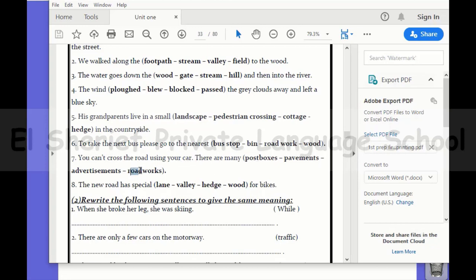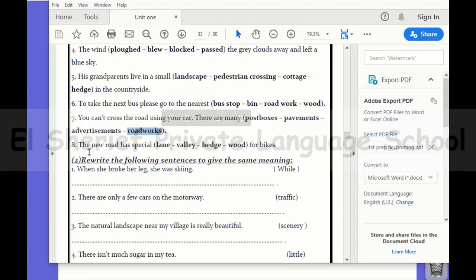So the answer is road works. And by road works we mean repairs that are being done to the road or an area where these repairs are being done. Okay. Number 8. The new road has special for bikes. So the answer is a special lane.